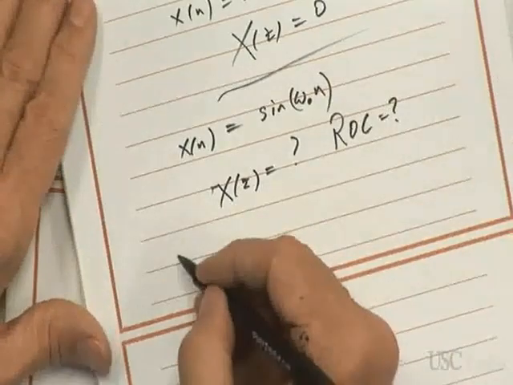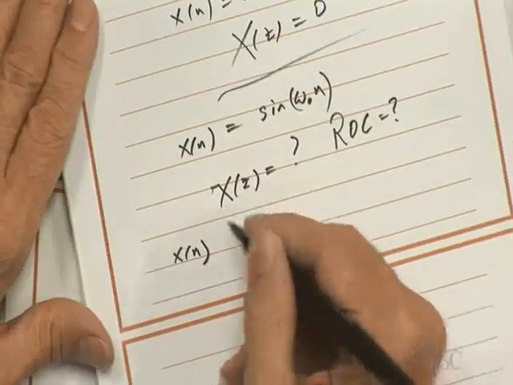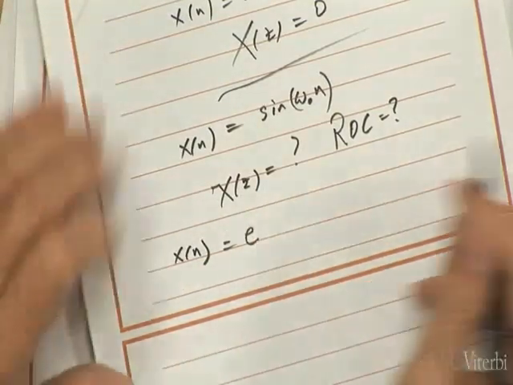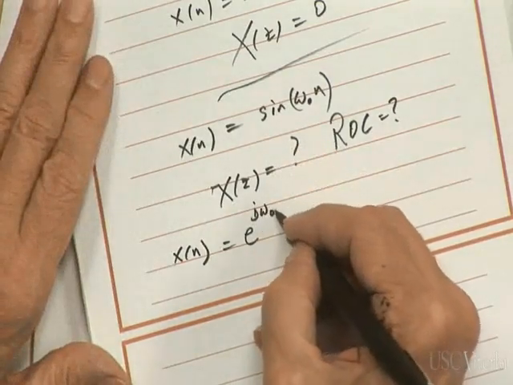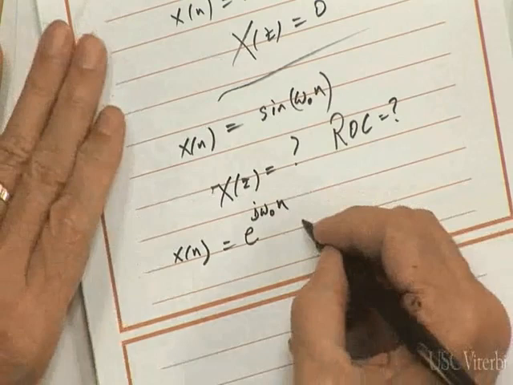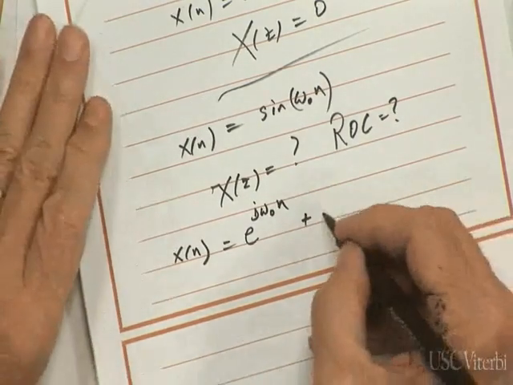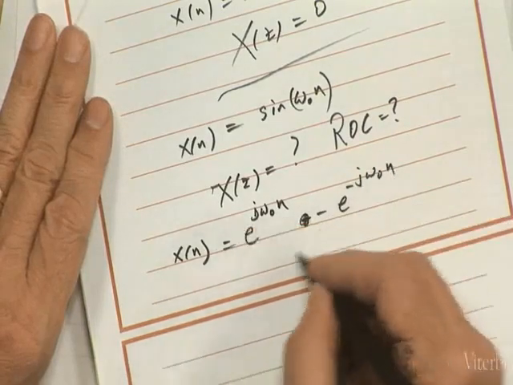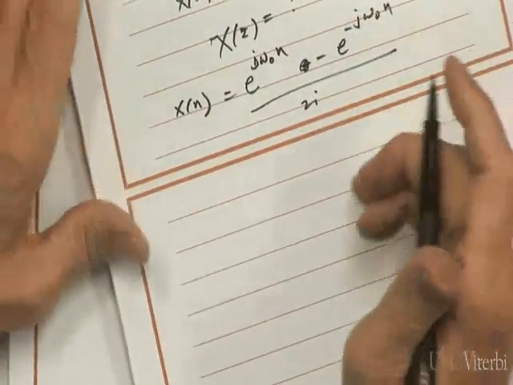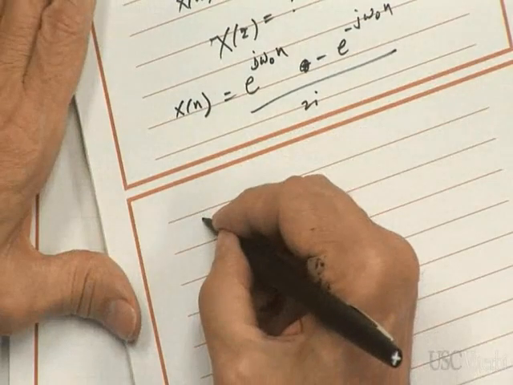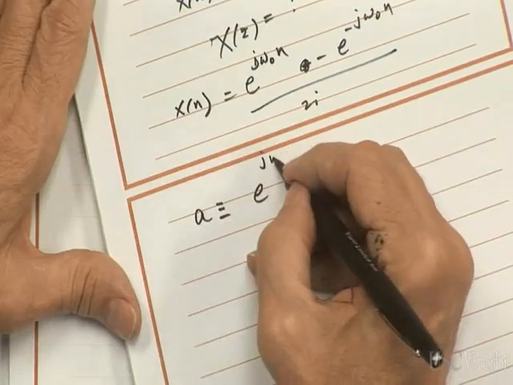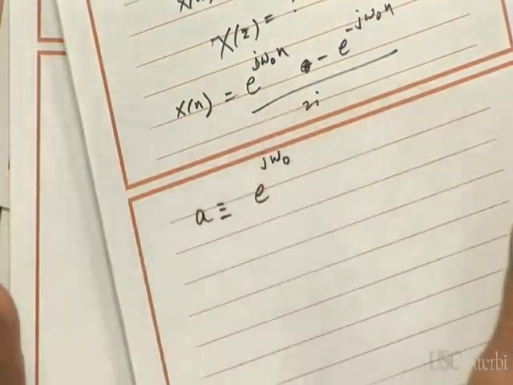Now, what you do here is you write x of n is equal to e to the j omega naught n minus e to the minus j omega naught n, and then that's divided by 2j. Now, if you will allow me, let me call a equal to e to the j omega naught, just by definition.